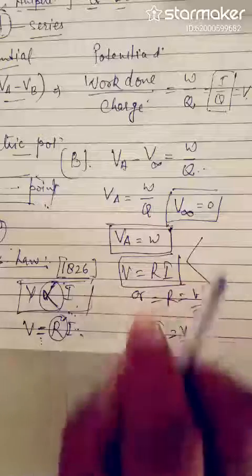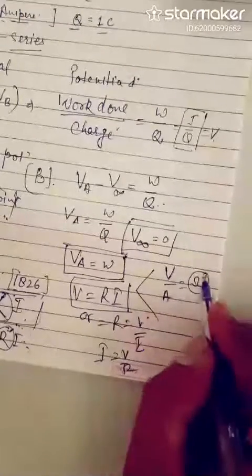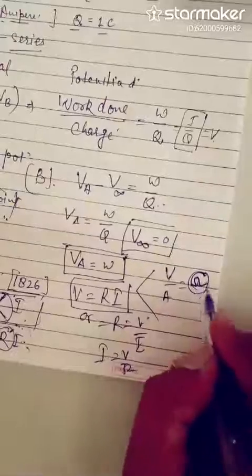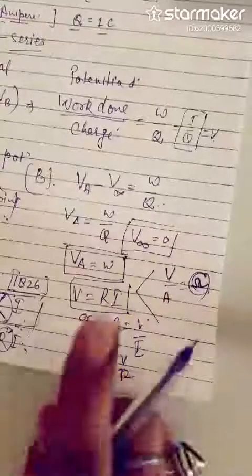The ratio of volt and ampere is known as ohm. This is the symbol of ohm, named after the German physicist George Simon Ohm.